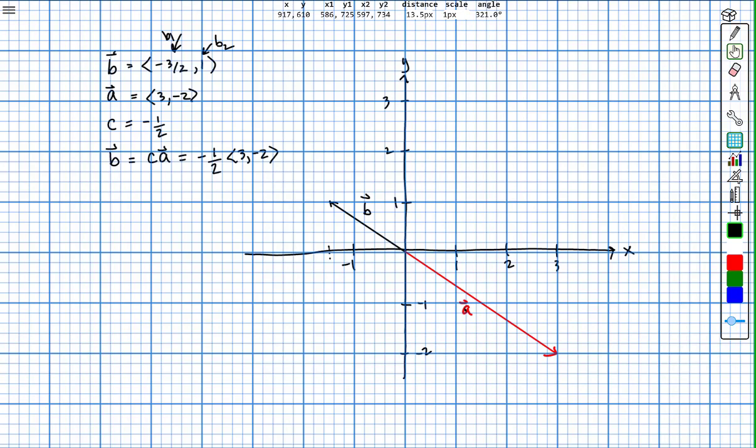They are opposite in direction. And notice vector B, it takes 2 vector B's in magnitude to equal the length of 1 vector A. So you can see that from this diagram. So we have just shown that yes, in fact, vector B is a scalar multiple of vector A, and we know that it is opposite in direction.